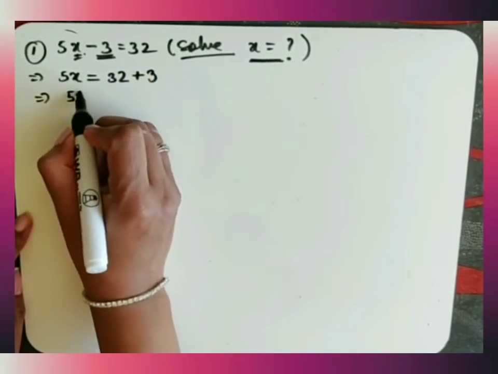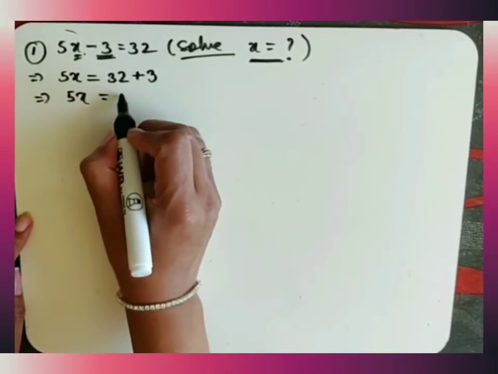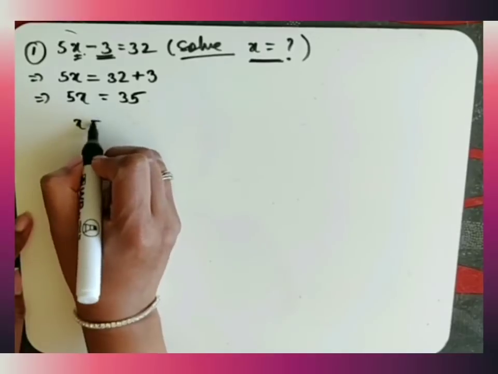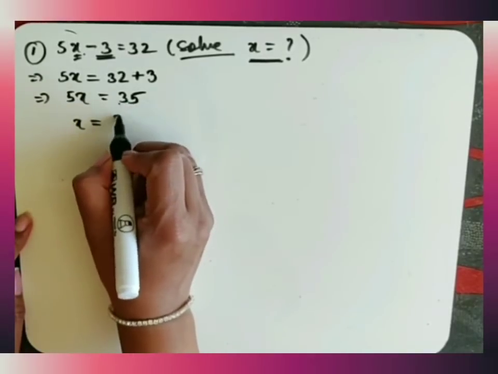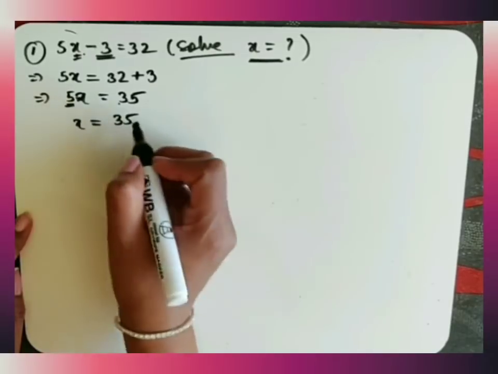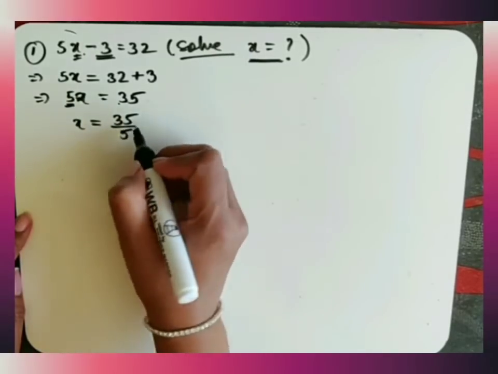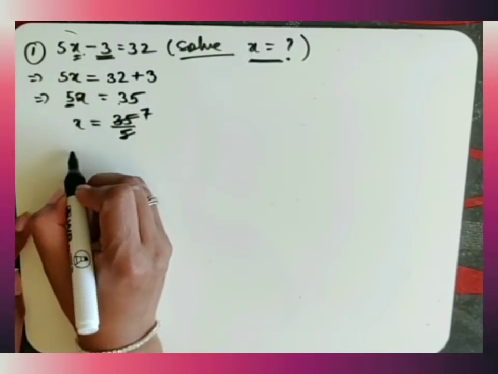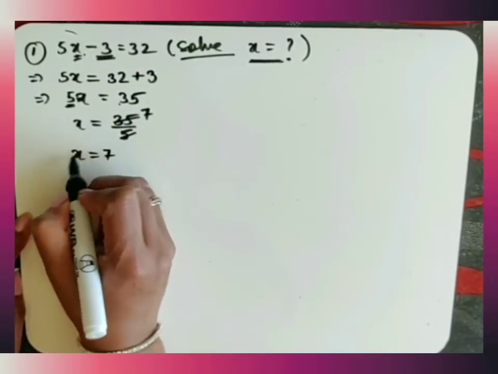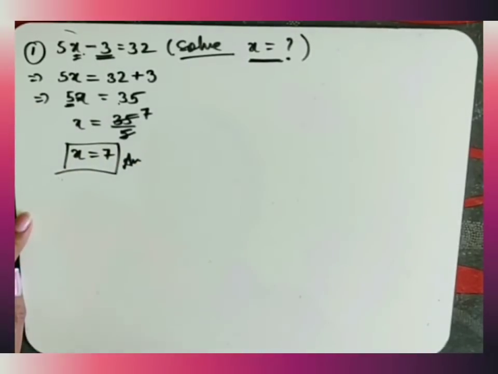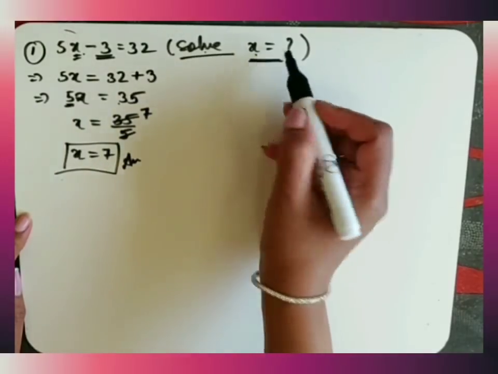So 5x equal to 32 plus 3, which is 35. Then x equal to 35 divided by 5, since 5 is multiplied on this side, it will divide on the other side. 5 multiplied by 7 gives 35, so the value of x is 7. This is your answer. So solve means find the value of x.